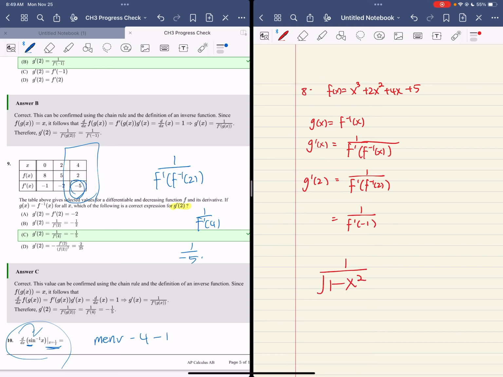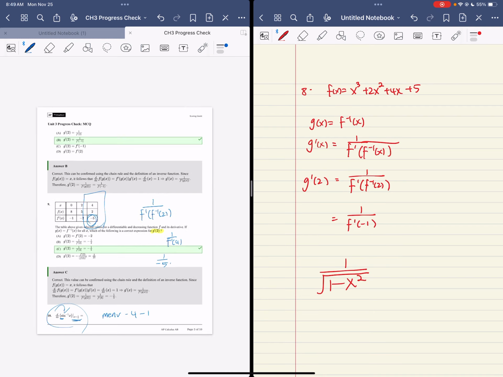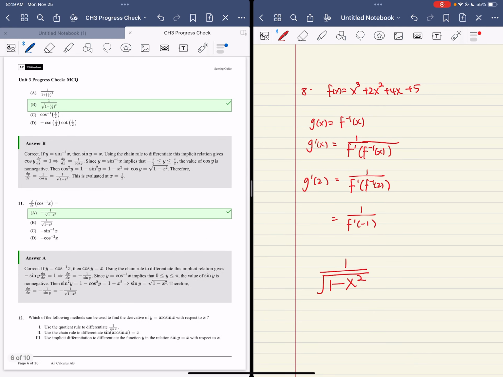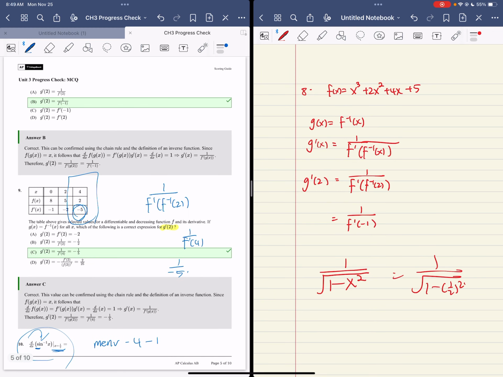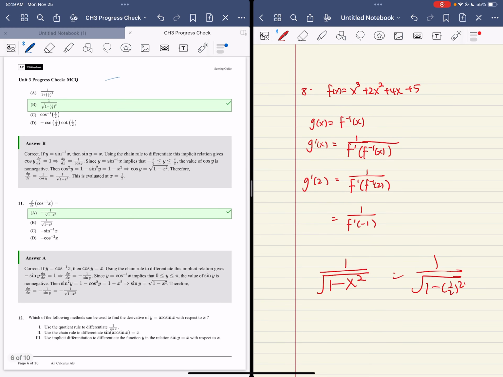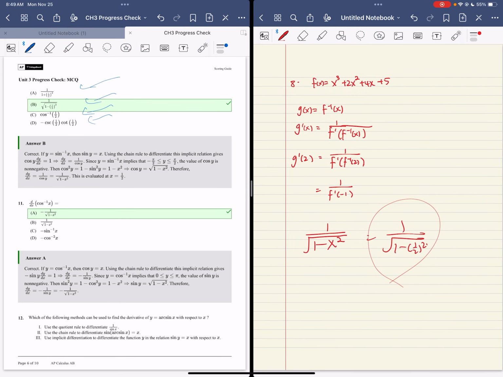I'm not sure, oh yeah, I was right. And then the only thing I have to do is plug in 1/2. So it's going to be 1 over the square root of 1 minus 1/2 squared. But if you don't know what to do, you just put every single one of these into the calculator and see which one matches. That's what you can do. But it works here. So we're done.